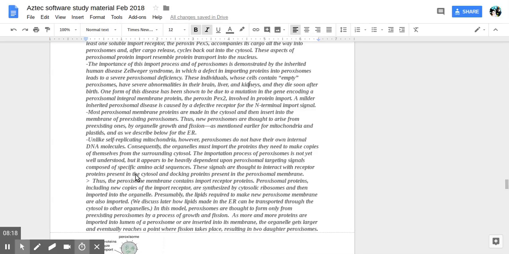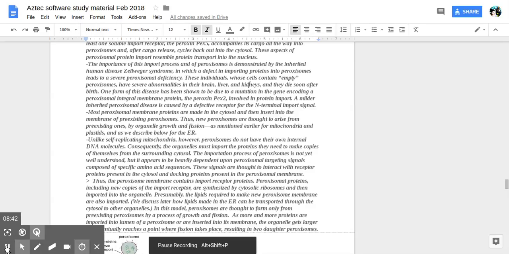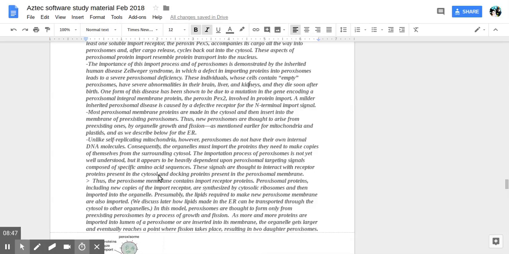The importation process of peroxisomes is not well understood, but appears to heavily depend on peroxisomal targeting signals composed of specific amino acid sequences. These signals are thought to interact with receptor proteins present in the cytosol, as well as docking proteins in the peroxisomal membrane. Thus, the peroxisome membrane contains import receptor proteins.